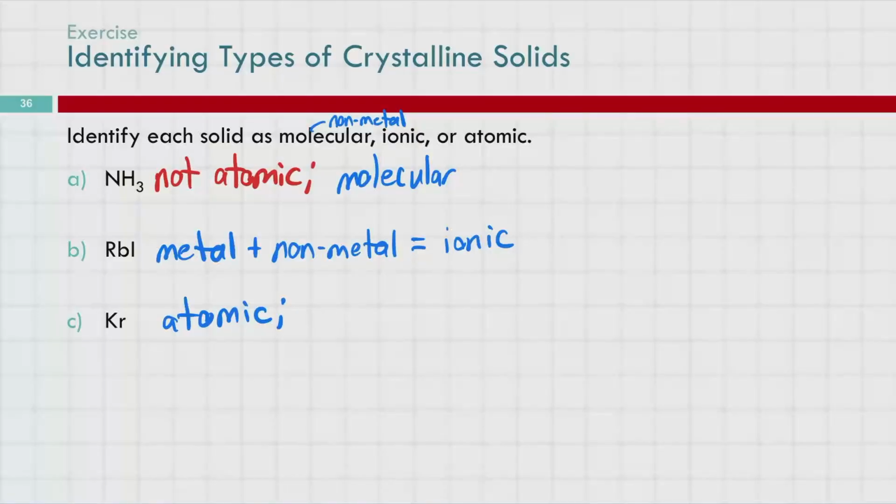Is it non-bonding, covalent bonding? Is it a metal? Any guesses? Look at where krypton is, find it. Do we think that it's going to want to bond? No, it has 8 valence electrons. It does not want to bond. This is a non-bonding subtype.